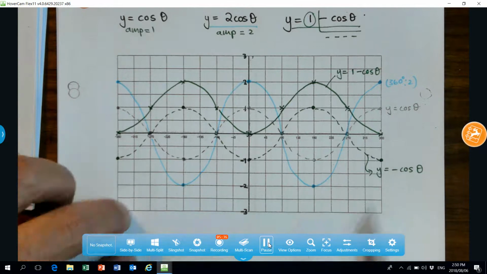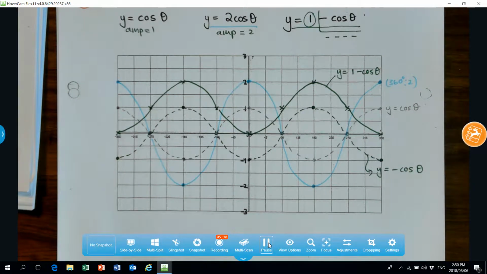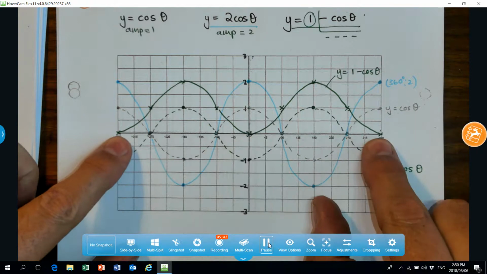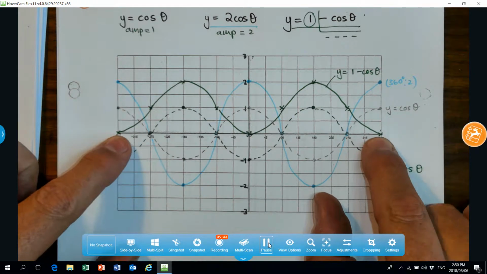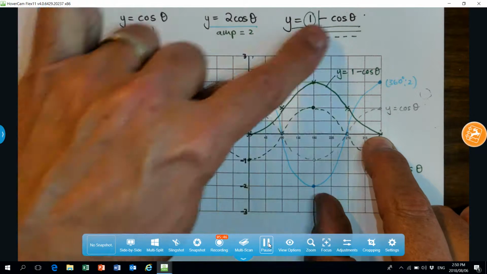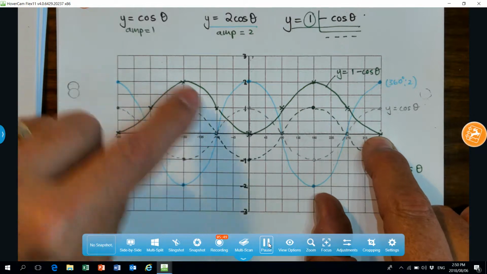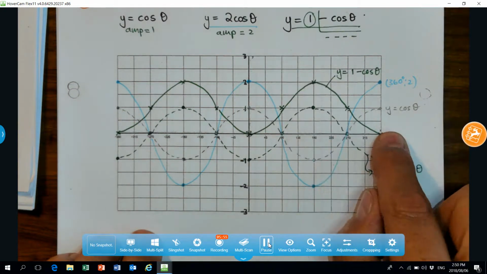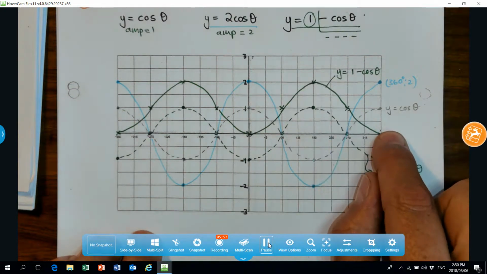So the cos theta graph moved up 1 unit. Now you can see the x-intercepts. There are points where the curve touches the x-axis, so those are the roots. The maximum values for the green graph are now at minus 180 and 2 and 180 and 2 over there. The period of the curve is still 360, nothing changed horizontally.